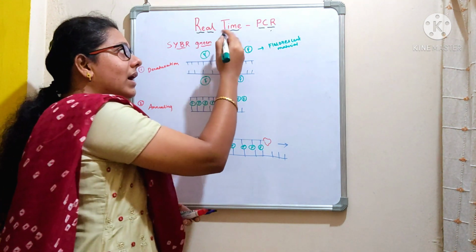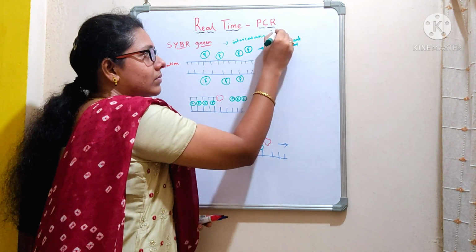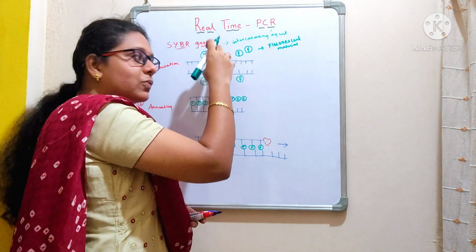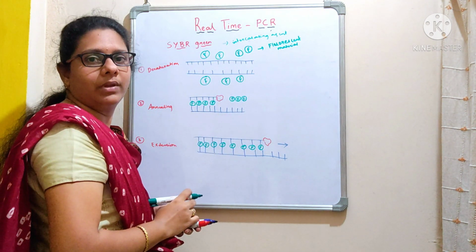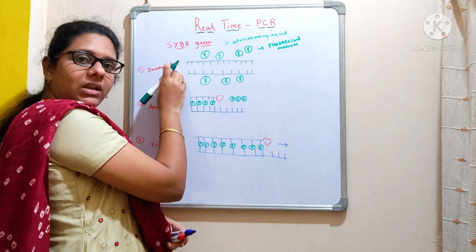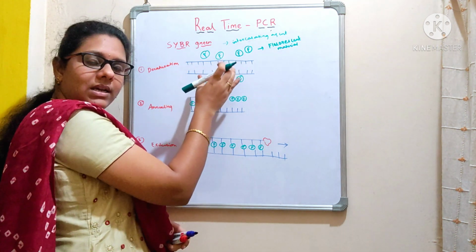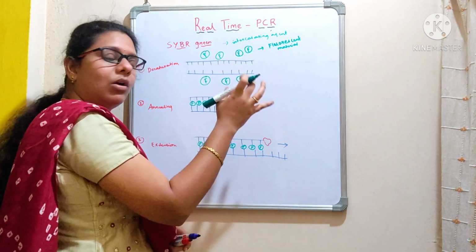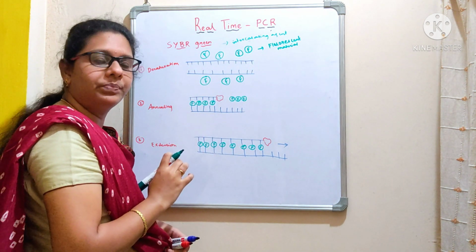It is also an intercalating agent. That means it will intercalate within the DNA molecule, right? But in the first step of denaturation, as the double stranded DNA is made into single strands, this fluorescent material will not bind with the DNA.